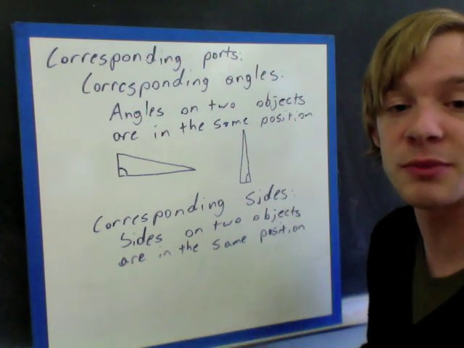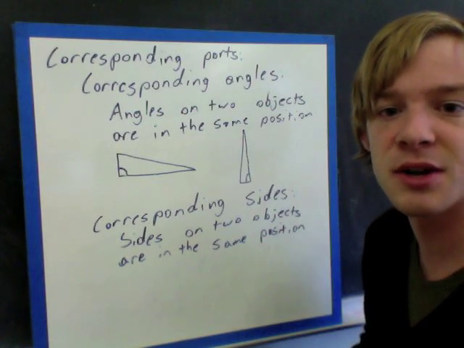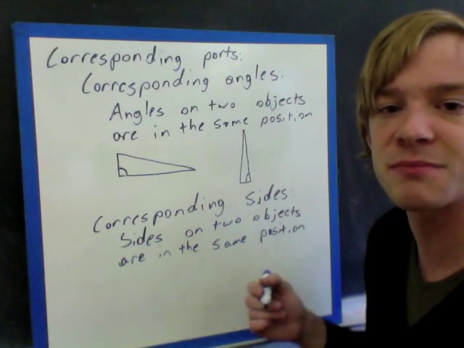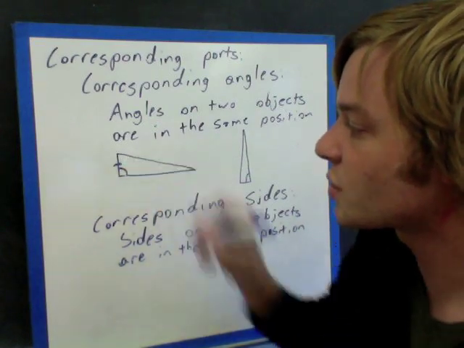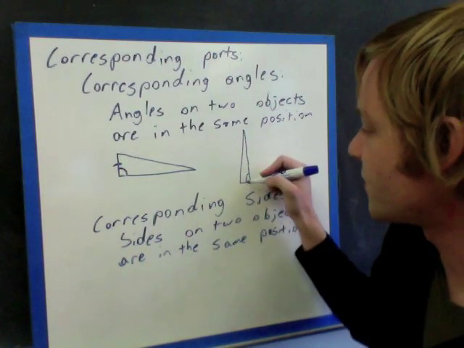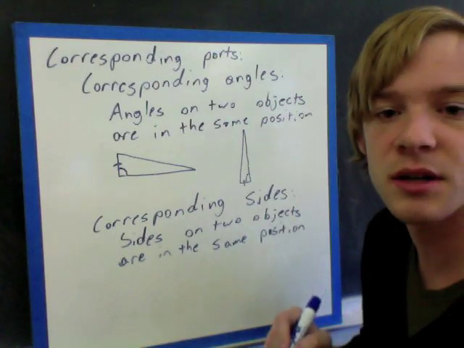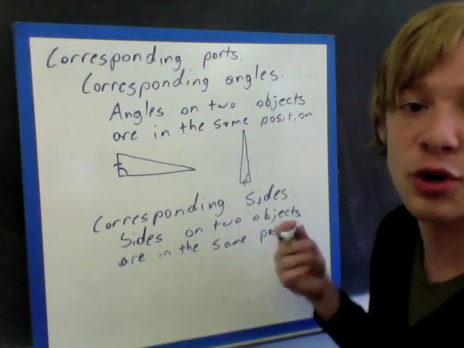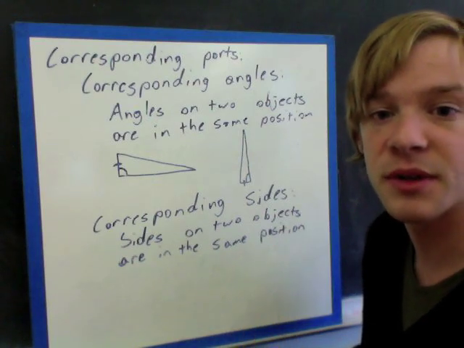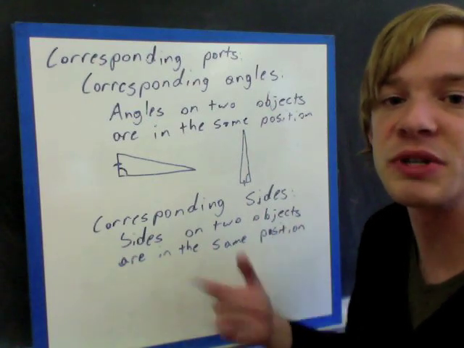They're just two sides on two separate objects that are in the same position. Once again, I have this short side here and this short side here, and those, since they're both the short sides, are corresponding. They're in the same position on two different objects.